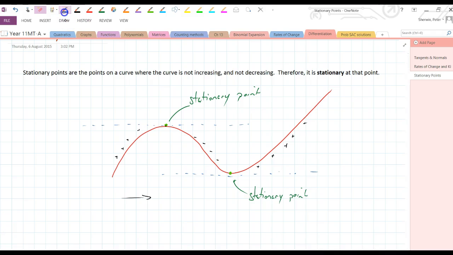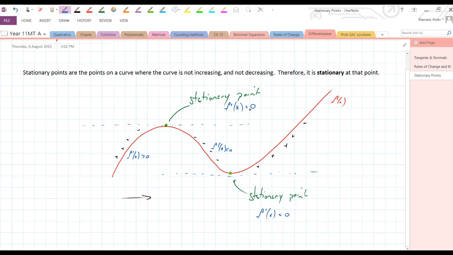So if this is f of x, then in this part of the curve we've got f dash x greater than 0, and in this part f dash x less than 0, but at the stationary point f dash x is equal to 0, and that's how we find where our stationary point is.